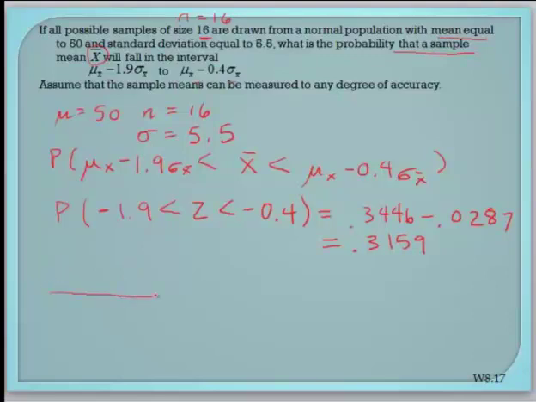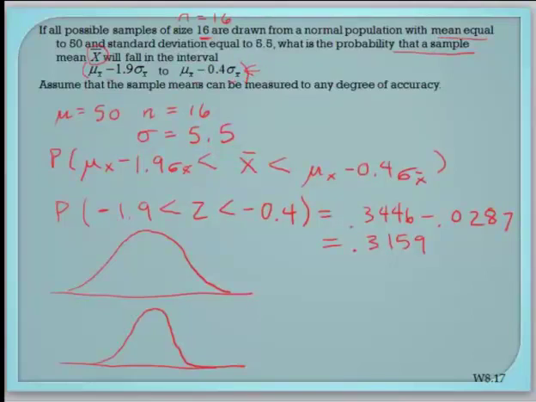So here's our true population, and here's our population of sample means. Now I might ask you to tell me exactly what that interval is, not normalized, but on the real scale.